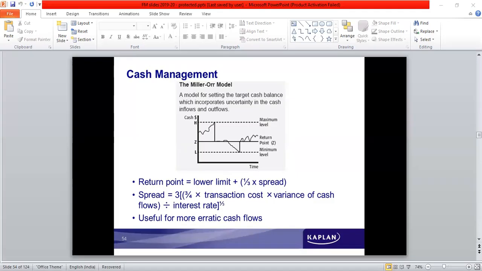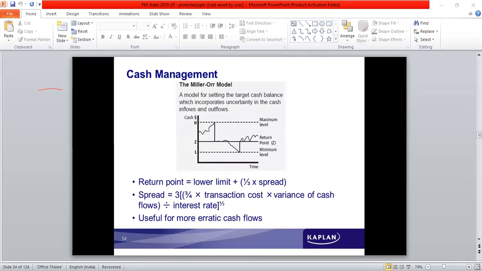I'll put you to a file where I have done this one earlier. So you can look into this one, and then the transaction cost is given as $25 to move cash between. So that's the transaction cost.